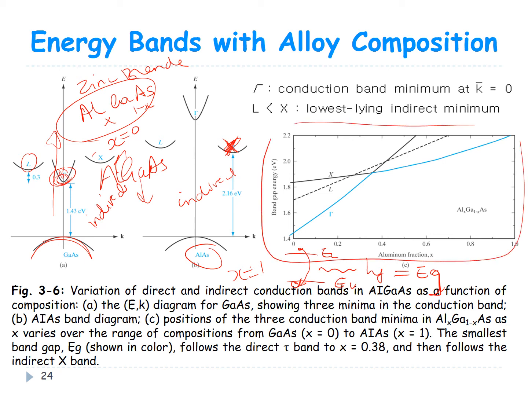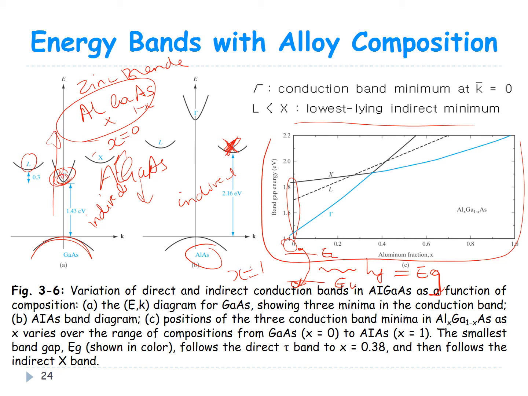the effect of now changing the aluminium fraction. So when the aluminium fraction is 0, where you have gallium arsenide, you'll see this extreme case here, which is the one that's shown in A here.